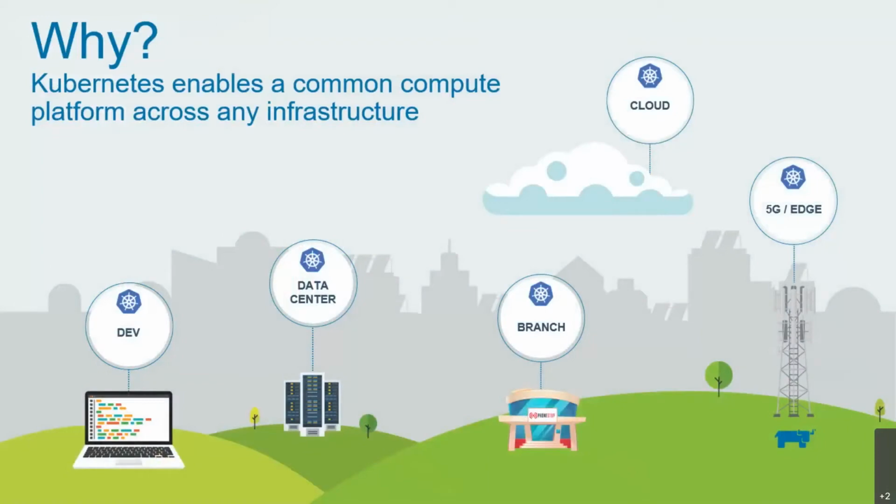So let me take just a moment and talk about why Kubernetes. We've heard a lot about Kubernetes, and you may already know some of this, but I just want to do a quick level set. Kubernetes enables a common compute platform across any infrastructure, whether that be on a developer's workstation, all the way to the cloud, and everything in between, whether it be the data center, a branch, or even the edge, the 5G edge.